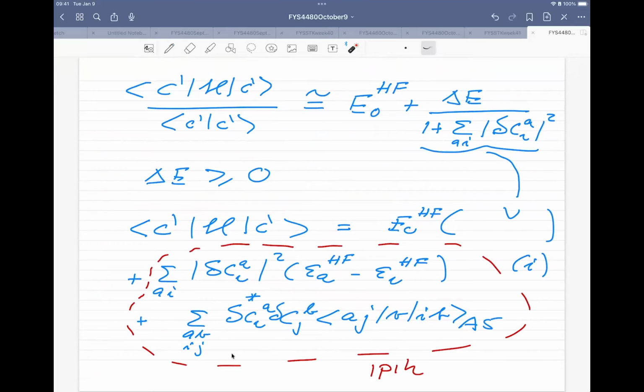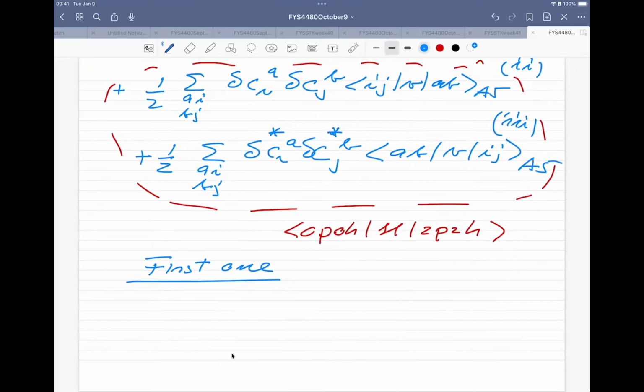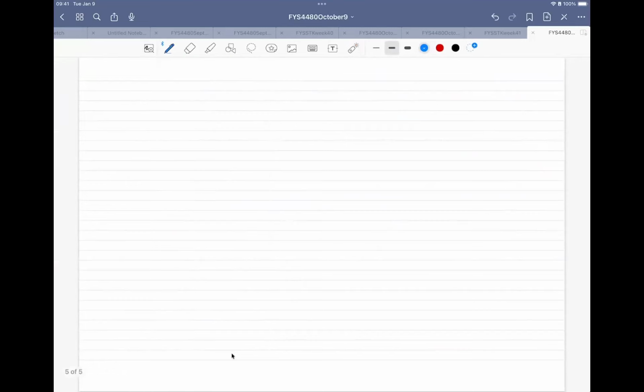So this delta E, which we have, is now going to be this term here, and this term here. So let's just look at how we can rewrite it. So let's take the first one, the first term here. Let's switch over to the other side here so that we have more space. So we have a summation ABIJ, and then I have a delta CIA, and a delta CJB, and then I have different terms.